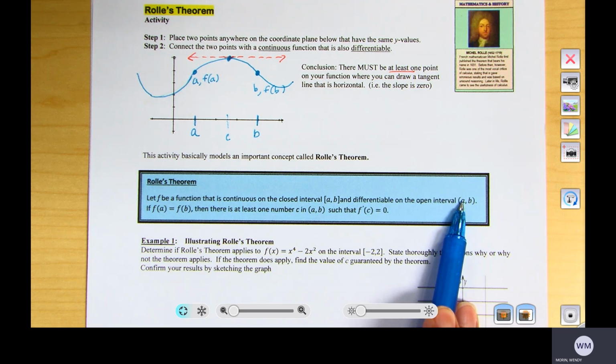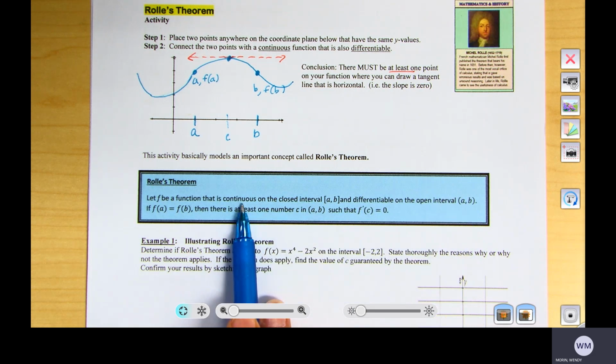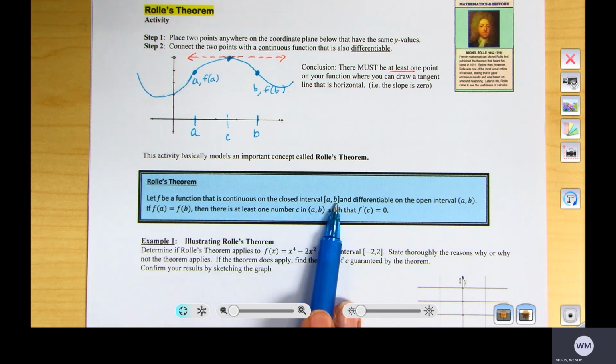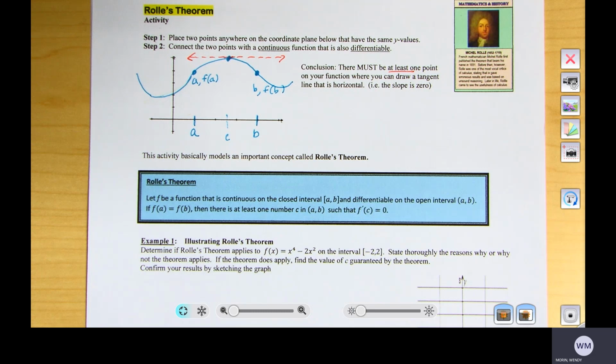You can't be differentiable on an endpoint because there's not a left side and a right side. So if it's differentiable everywhere between A and B, then it's continuous on the closed interval AB. The AP test does not make a big deal about endpoints when it comes to differentiability, increasing and decreasing, because many books have different answers about endpoints.